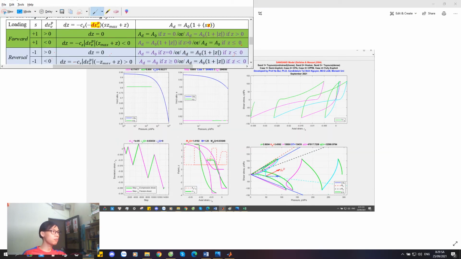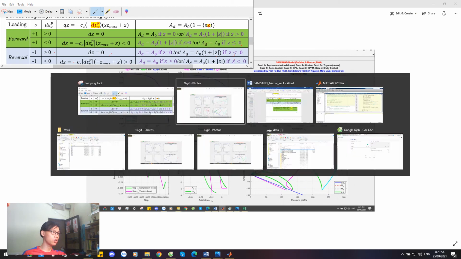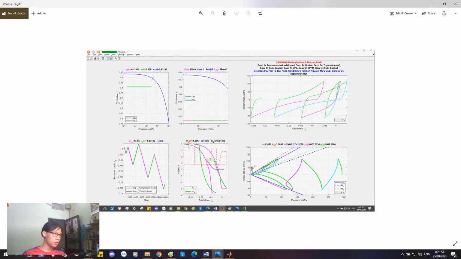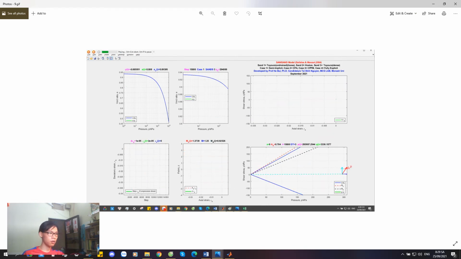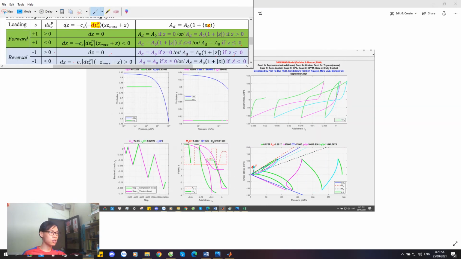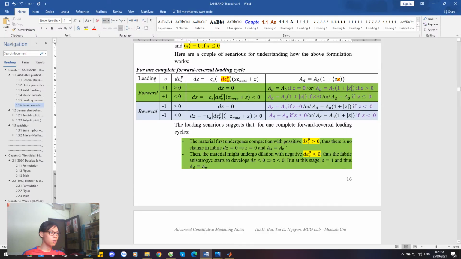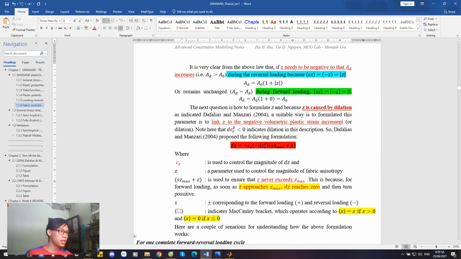And at that time, when it's still positive, AD is like this, and when it equals 0, we have AD is 0. So you can see there, AD just reduced to the A0. So that's all of the things I want to explain with this loading forward and reversal. Hope all of you enjoy this video and it makes you familiar with the fabric effect of dZ and AD.